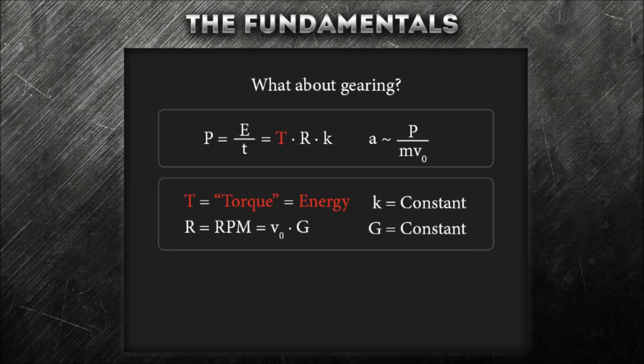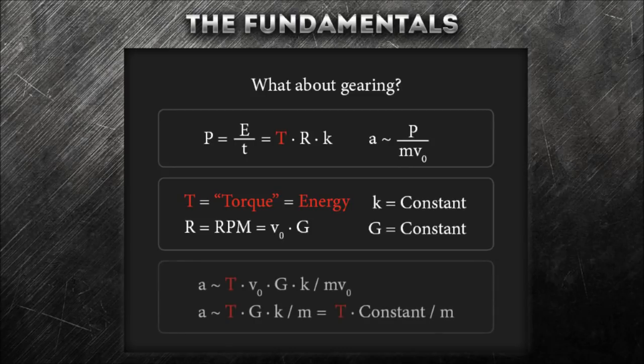Within a fixed gear ratio, the engine RPM becomes directly linearly connected to the speed of the car. Within that gear, if you accelerate from 30 to 60, the RPM doubles. This means we can express R as the velocity times a gearing constant, G.